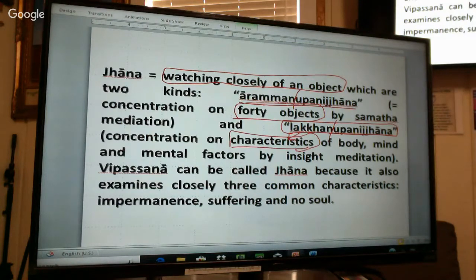As your concentration grows, that air begins to change into light or into a thread. We call it the nimitta. It changes from air into nimitta. You just focus on the nimitta. This is samatha.